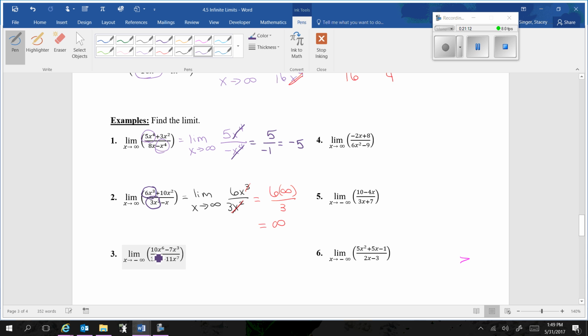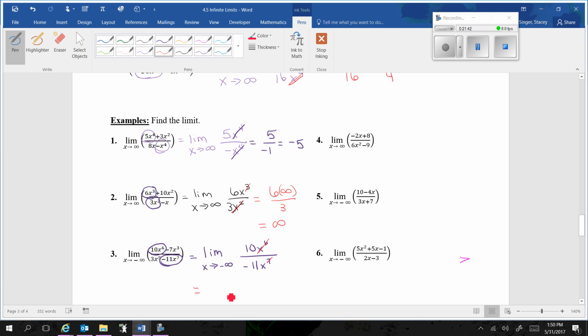Number 3, 10x to the 6th divided by negative 11x to the 7th. Rewrite it. So the limit as x approaches negative infinity of 10x to the 6th divided by negative 11x to the 7th. Reduce that by crossing out my x's.